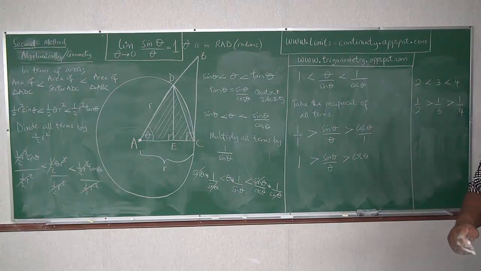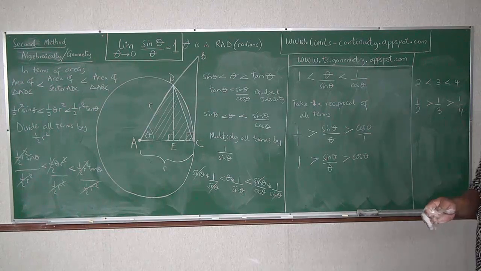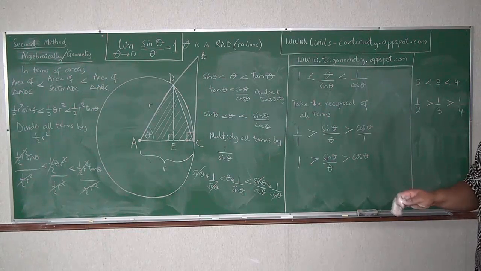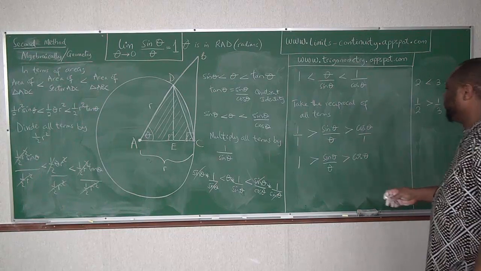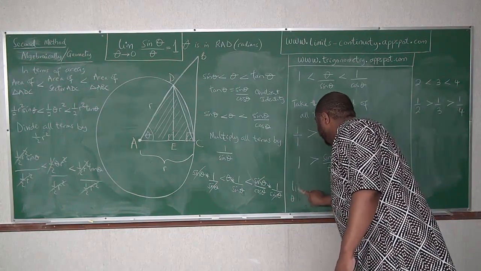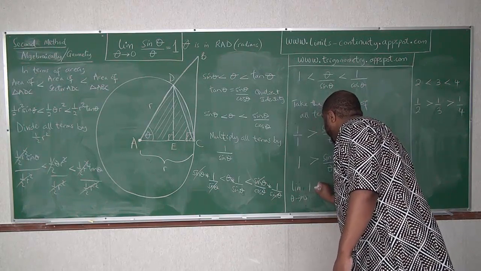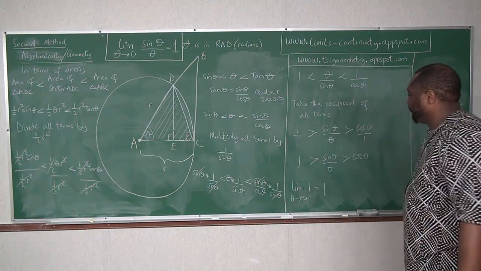Now we find the limit of each term. Of course, the limit as theta approaches 0 of 1 will give us 1.